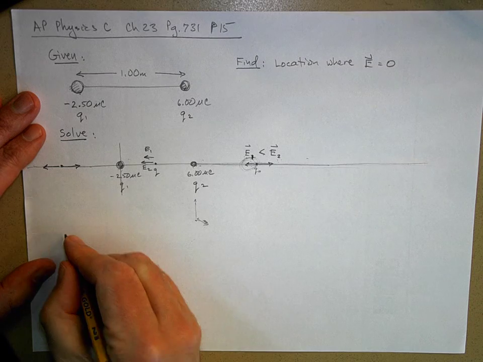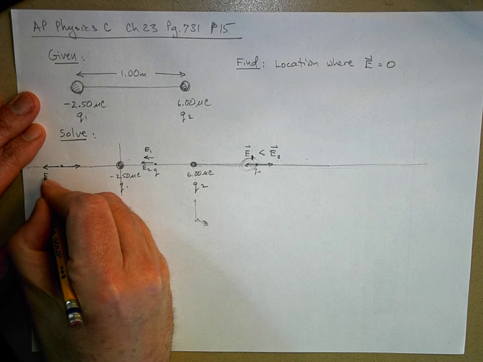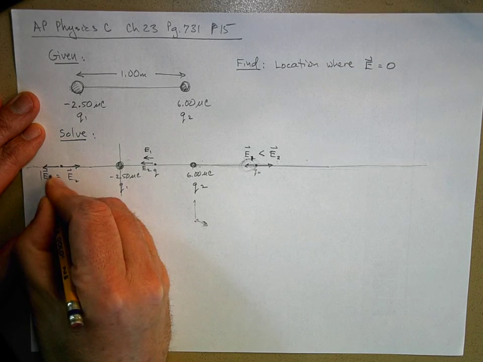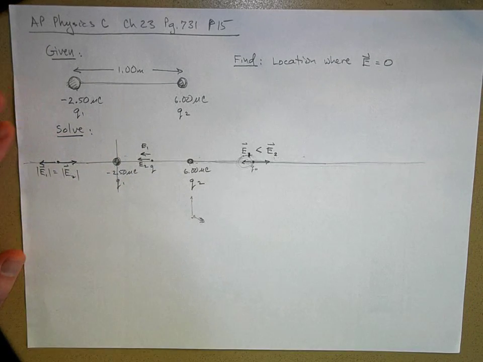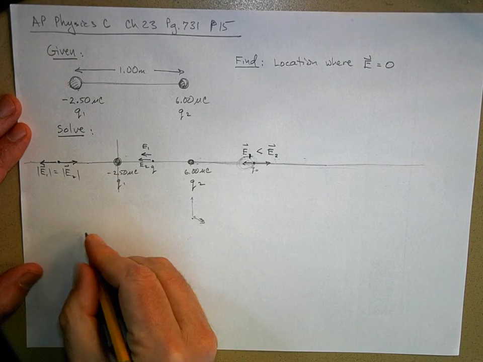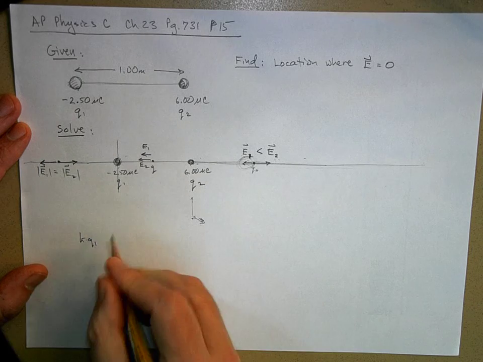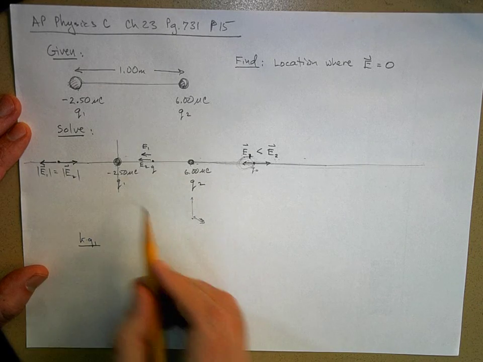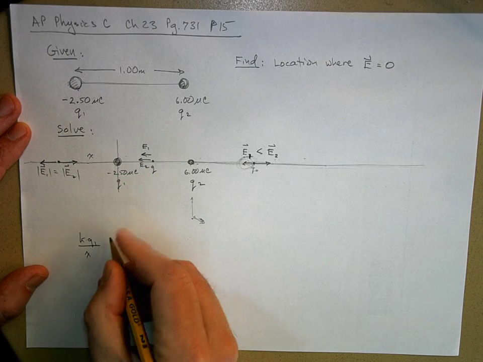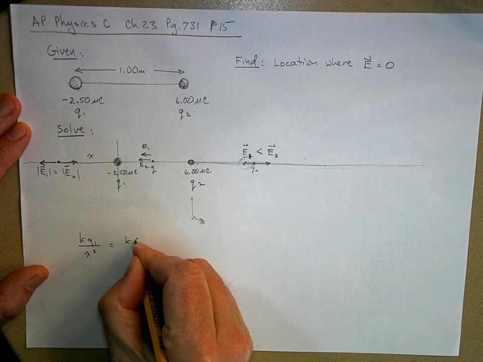So this is E1 equals E2. Now I'm going to say the magnitude of E1 is equal to the magnitude of E2. We know they're in opposite directions. So the magnitude of E1 is kQ1 over its distance squared, where I'm going to call this distance x squared, equals kQ2.